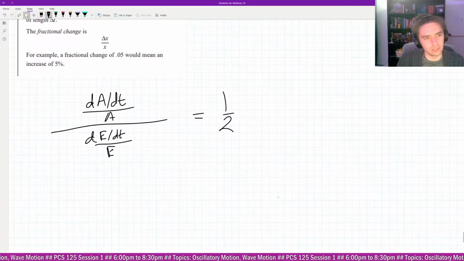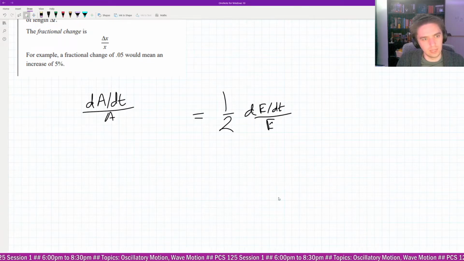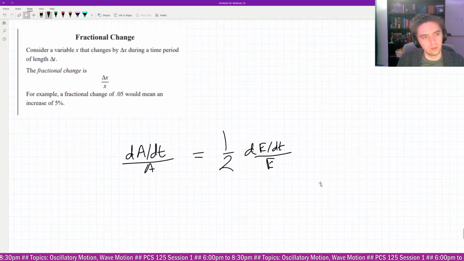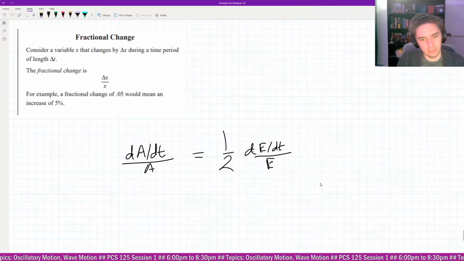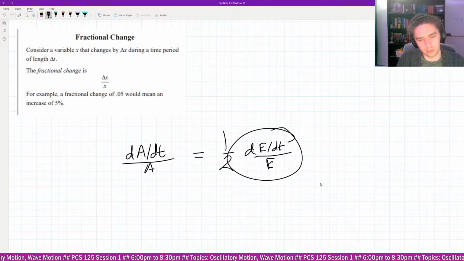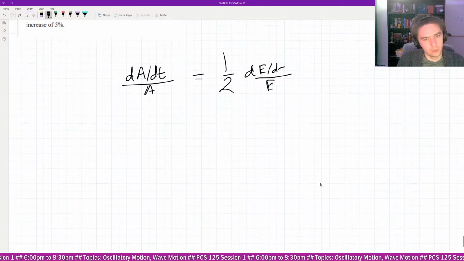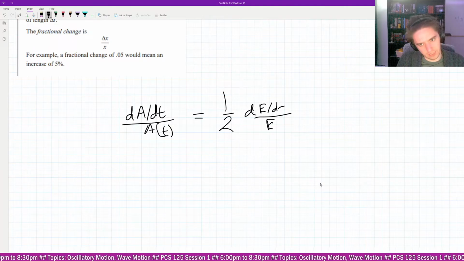Or in other words, that matches the question better. Right, so the fractional change of the amplitude is equal to 1/2 the fractional change of the total energy. And just to be clear, this is A of t, E of t.